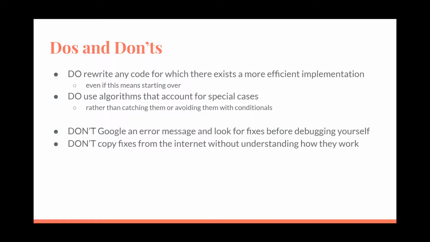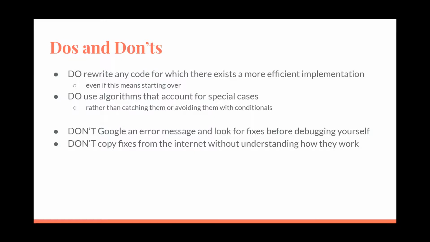An example of that might be if you're writing an algorithm that does something with a list, but if the list is empty, it would throw a null pointer exception or some sort of none error. And so what you do is you create a special case at the beginning: if the list is empty, do this. And of course, sometimes that's necessary, but I would only use it when necessary.